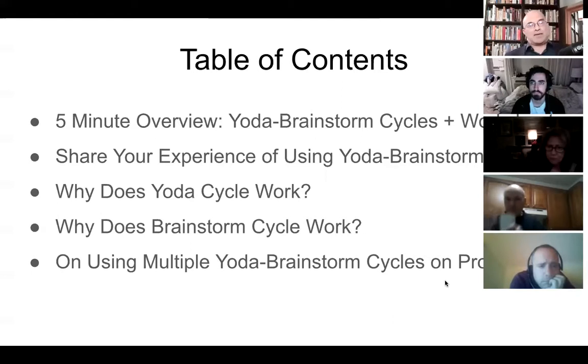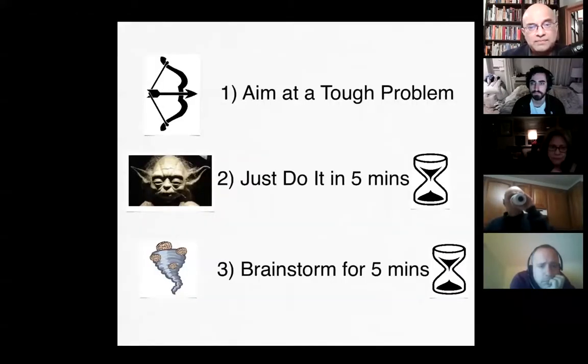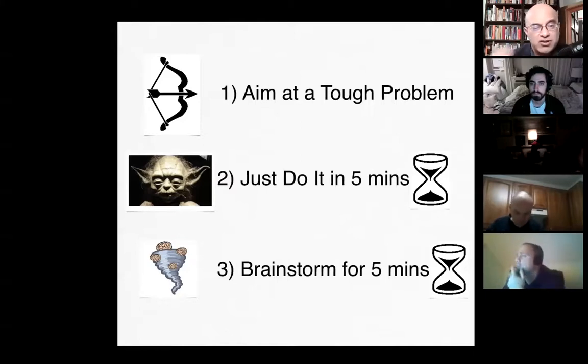All right. So let me go to the overview. It's a very simple method. It has 3 steps. One, you aim at a tough problem or choose a tough question to answer. Second step, you set a 5-minute timer and you just try to do it as best as you can.